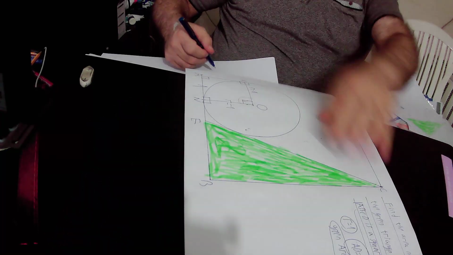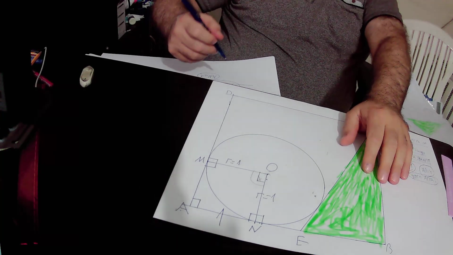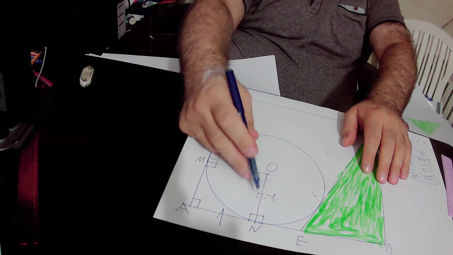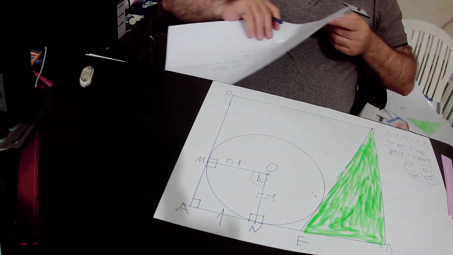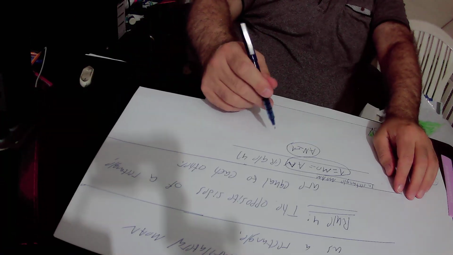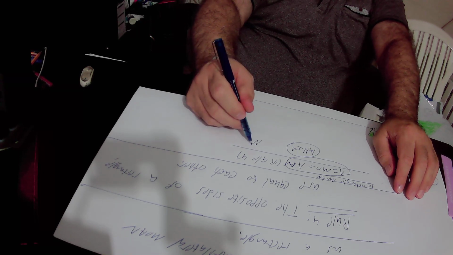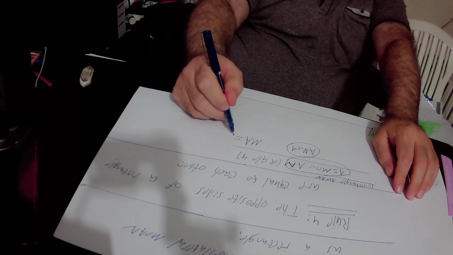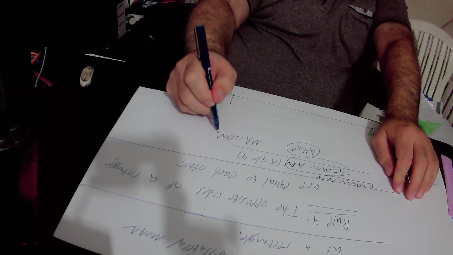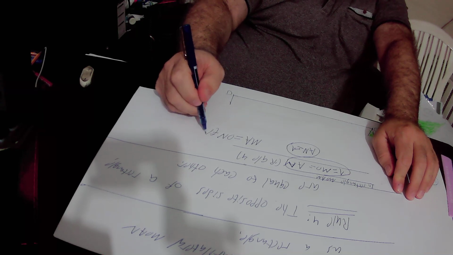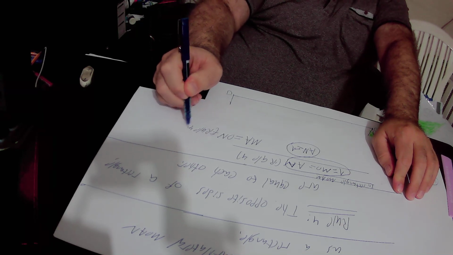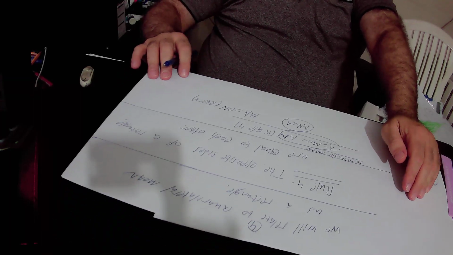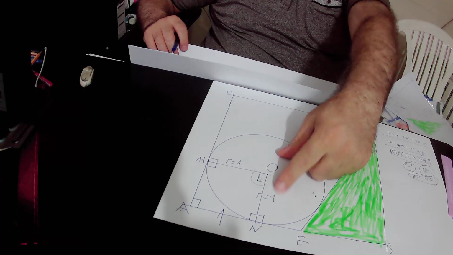Likewise, according to rule number 4, MA equals ON. Side MA of the rectangle equals ON according to rule number 4. But we have already found out also that ON equals 1 unit.